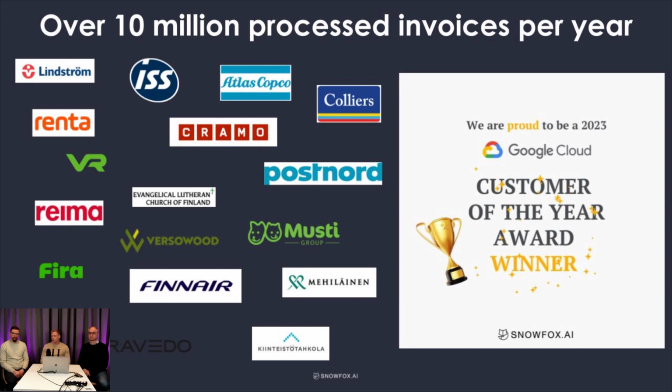We are a Google Cloud partner and we were awarded Google Cloud Customer of the Year last year, for innovatively using Google Cloud services as well. We're really proud of that. That's shortly about what kind of customers we are working with. And please send us questions if you have. We will take them on the way.